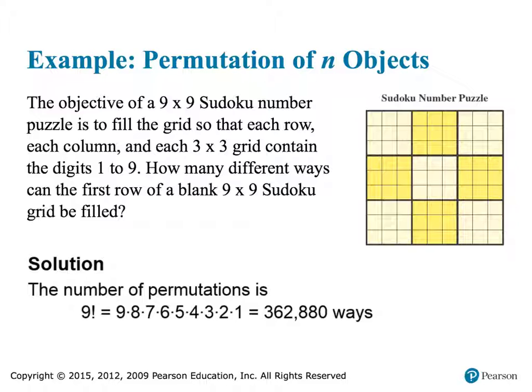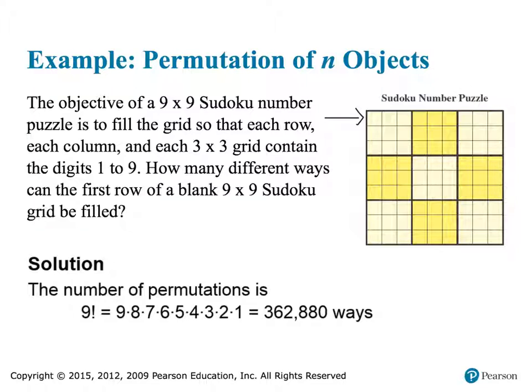How many different ways can the first row of a 9x9 Sudoku grid be filled? So here we're talking about just this first row. Obviously, in that row, I've got to have the numbers 1, 2, 3, 4, 5, 6, 7, 8, and 9. And the order matters because that's going to change the puzzle if the order were different than the one originally selected.